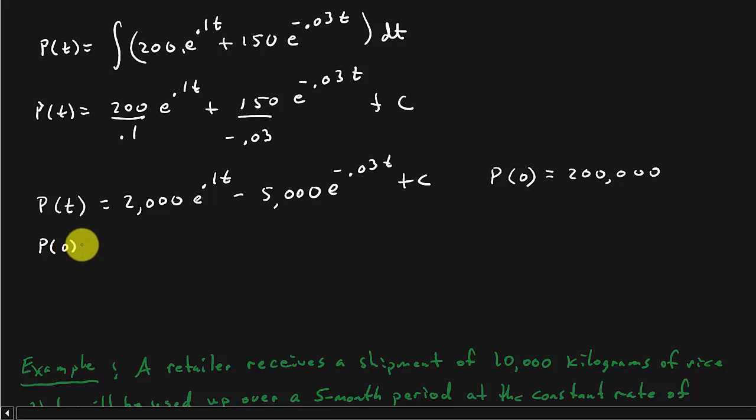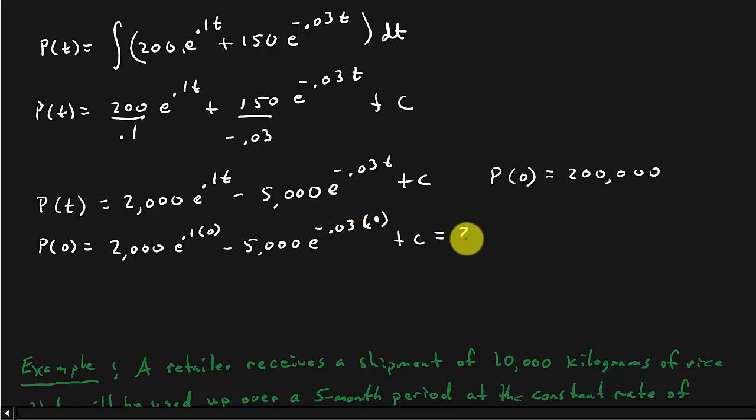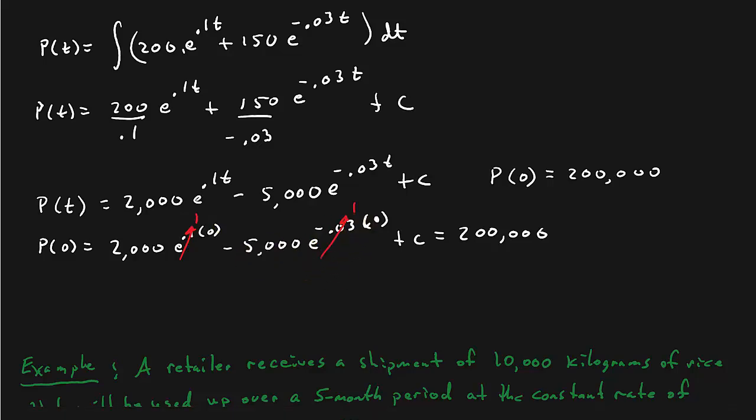So I've got P of 0 is equal to 2,000 e to the 0.1 times 0 minus 5,000 e to the negative 0.03 times 0 plus C, and that should equal 200,000. Now, do you agree with me? I'm going to come up here and solve this for you. So do you agree that this is 1 and this is 1, because e raised to the 0 is 1? So what do I get?